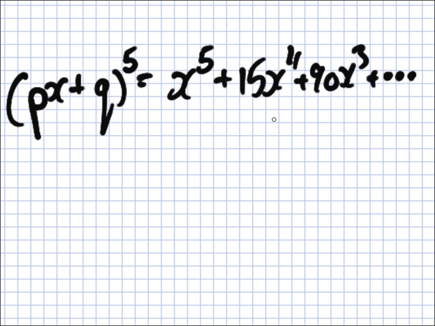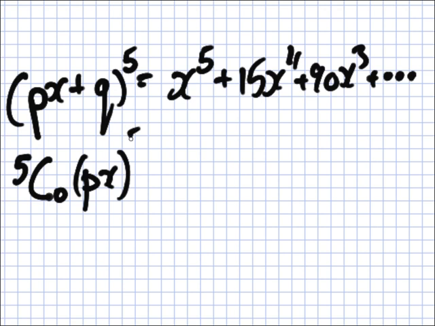Or like what you said, you can compare it. What you need to do is expand here, and then you can compare the x5 term on the left should equal the x5 term on the right. So for example, the first one here on the left will be 5c0 px power 5 q power 0. That's the first term on the left, isn't it? What should that equal?